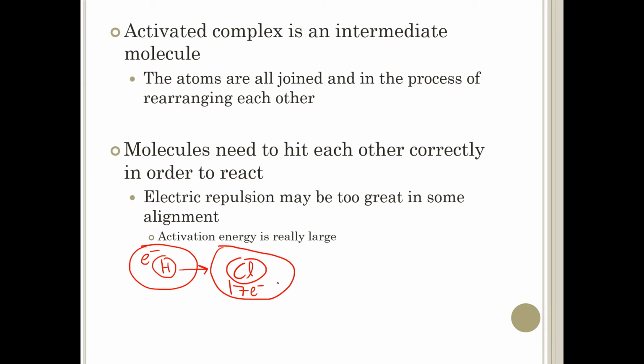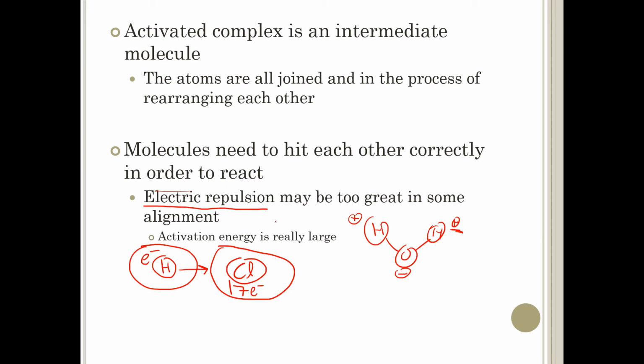Okay. There are some arrangements between molecules that will actually lessen this electrical repulsion. Take, for example, water. If you remember from Chem 11, water is a polar molecule, so the hydrogens actually have a slight positive charge, and the oxygen has a slight negative charge. So if I want to combine this with anything, I'd have to arrange it in such a way that the positive end of water is pointing towards the negative end of whatever else we're reacting, so that we can reduce the amount of electric repulsion.